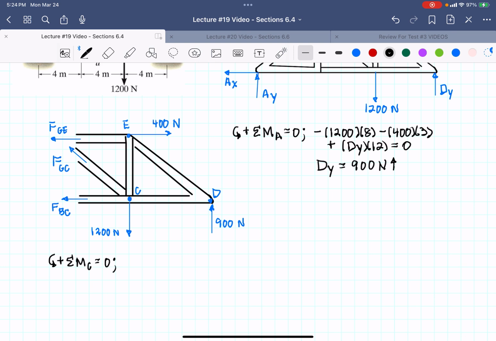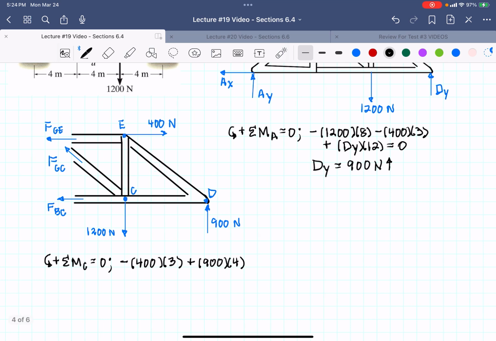So about point C, the 1200 Newton goes through it, so it doesn't impact it. I've got the 400 Newtons, which is going to be negative, and it is 3 meters away. And then I'm going to have the 900 Newton is going to be positive, and it is 4 meters away.